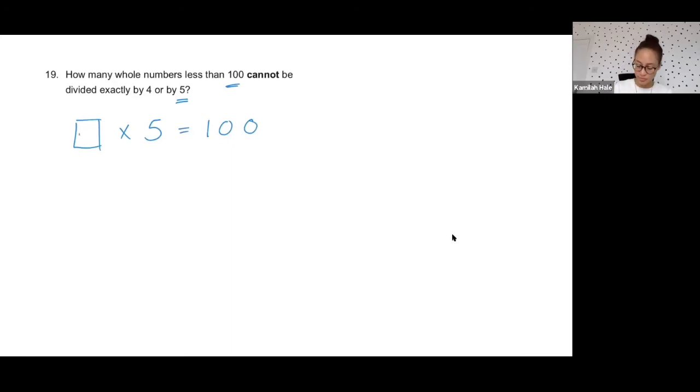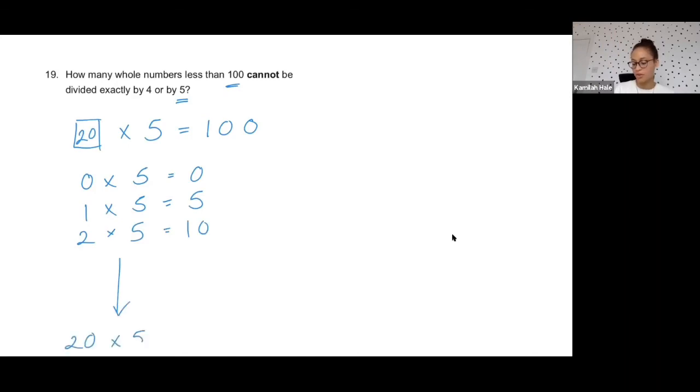20. So if you had the times tables written out, you'd have 0 times 5 is 0, 1 times 5 is 5, 2 times 5 is 10, and then you could go on until you got 20 times 5 is 100.